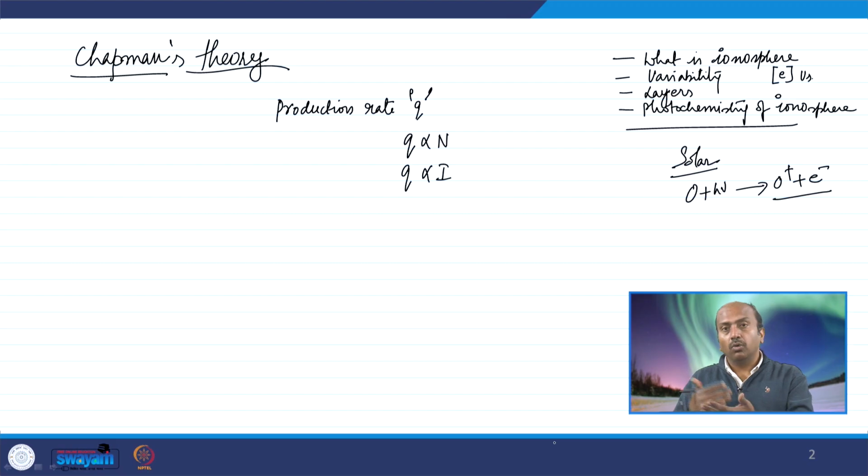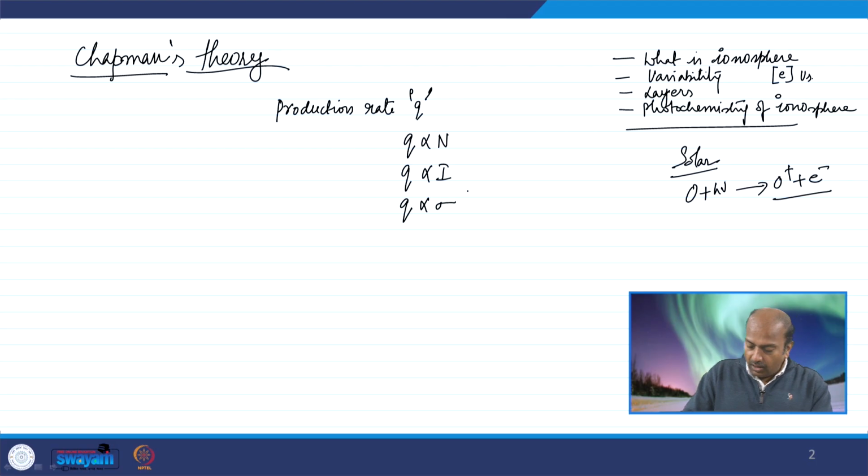Exactly opposite: if you have more atoms and fewer photons which can ionize, then the total number of electrons produced will depend on the number of photons which are available, right? So Q is also proportional to the cross section, the absorption cross section, how effectively a photon can be absorbed by an atom, leading towards ionization, right?